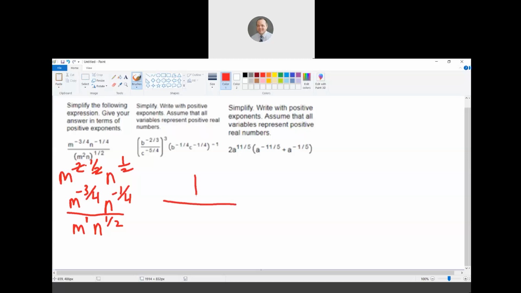And all that leaves up there in the numerator is just 1. So we have m to the 3/4 times m to the first power times n to the 1/2 times n to the positive 1/4.